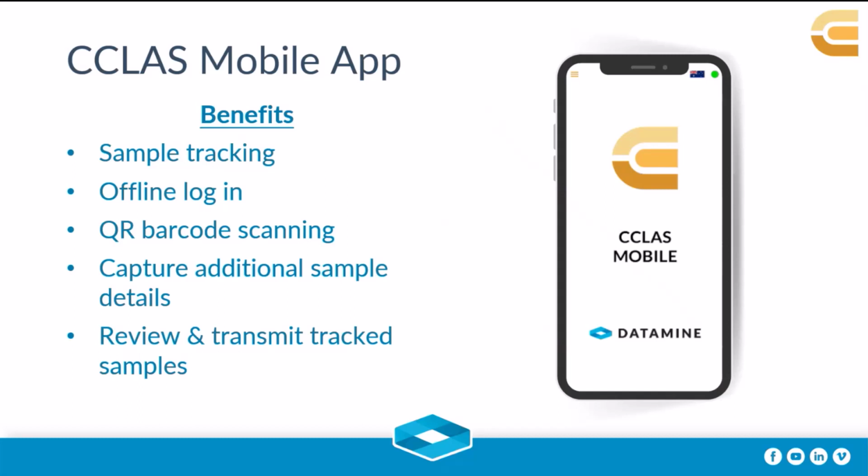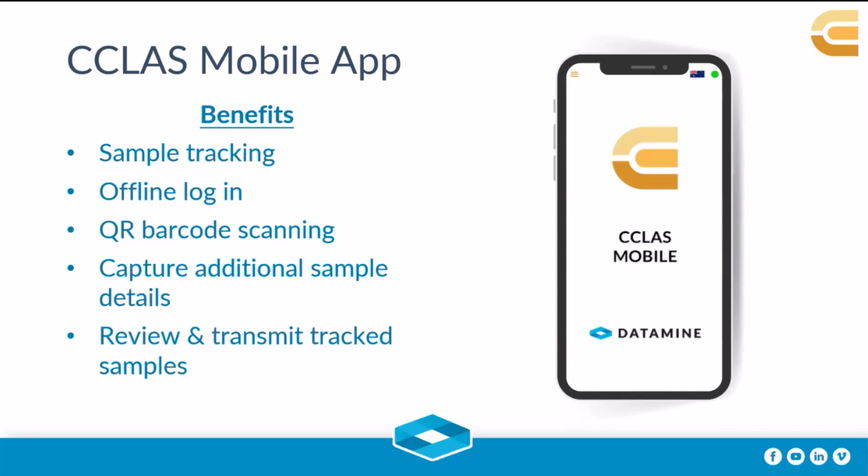Having the ability to scan QR barcodes for samples improves sample integrity, making sure the correct sample is put into the right bag. If we think about process plant samples, you could use a QR code on a tank, say, making sure that field staff are actually taking the correct sample at the right location.